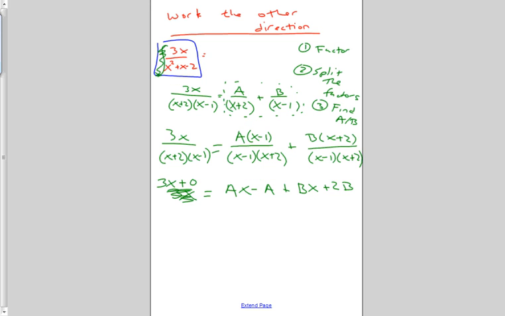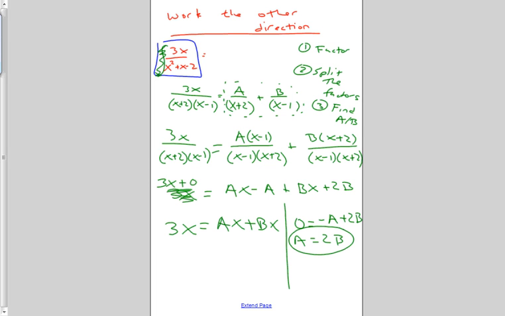This lets us see that 3x must be Ax plus Bx, looking at the x's, and 0 must equal negative A plus 2B. Therefore, A equals 2B. And using substitution, we can get 2B for A. We get 3x equals 2Bx plus Bx, or 3x equals 3Bx.